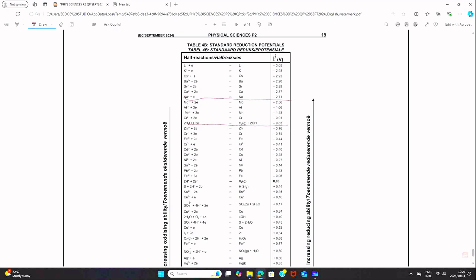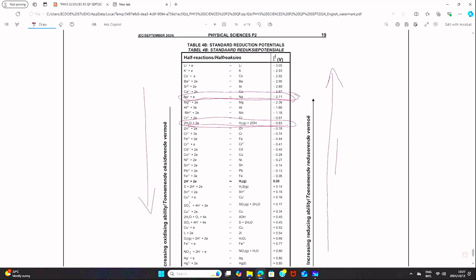Now between these two, remember in the table, there is increasing oxidizing ability as you go down, and increasing reducing ability as you go up. Meaning that the one you find at the top will mostly undergo oxidation, whereas the one at the bottom will mostly undergo reduction. But remember, this is an electrolytic cell, so things will be twisted.